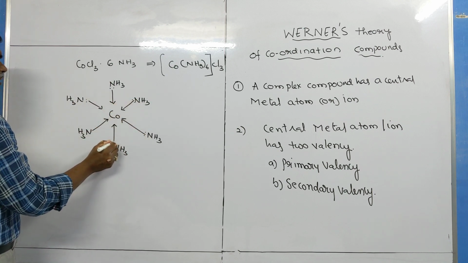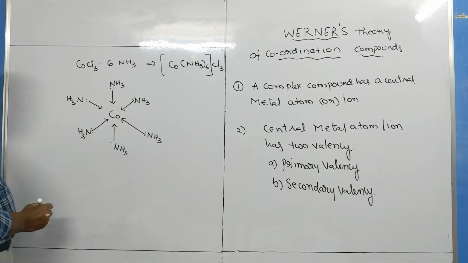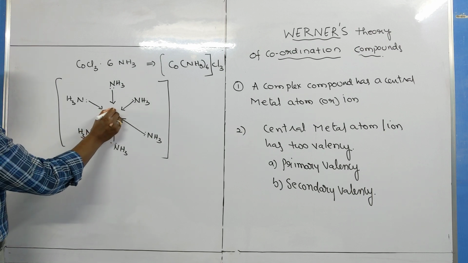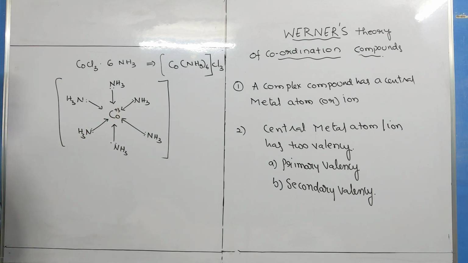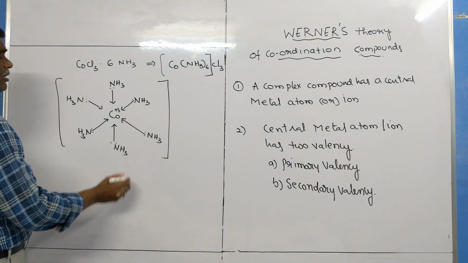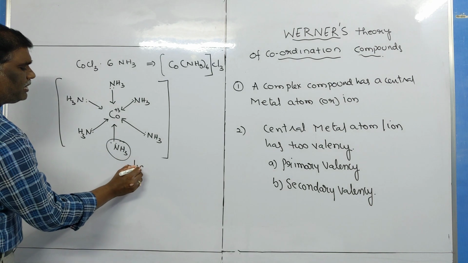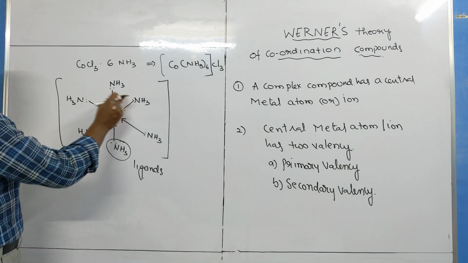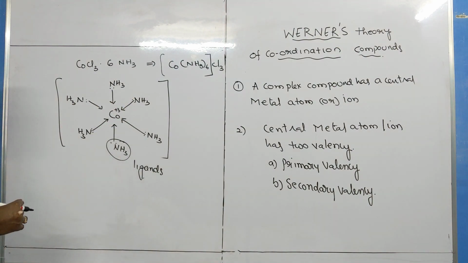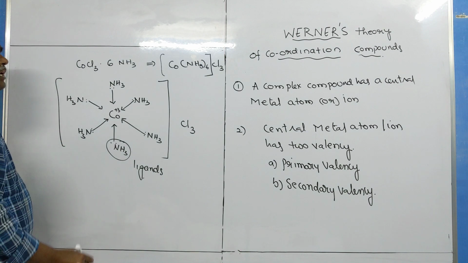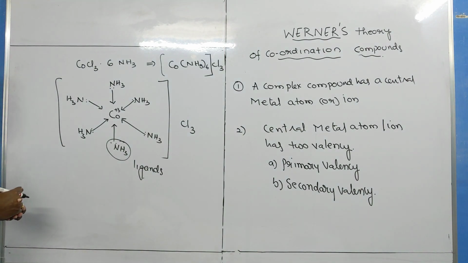You know, in the formation of a complex, the species which donate lone pairs of electrons to the vacant orbitals of the central metal atom or ion are called ligands. These are called ligands. There are 6 ammonia ligands. Okay. Now, what about the chlorine? Chloride ions are outside the complex.